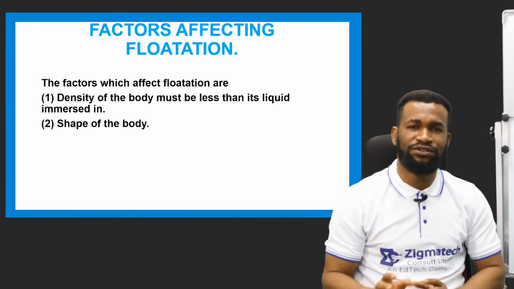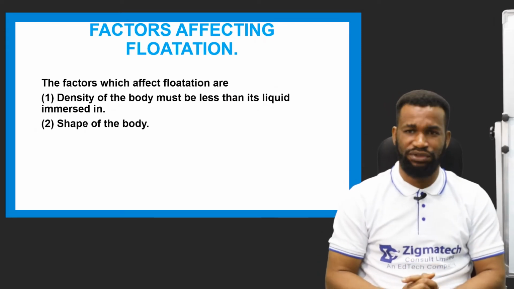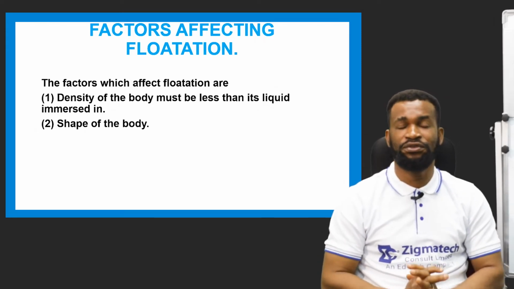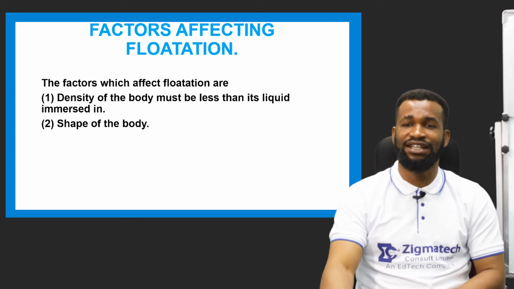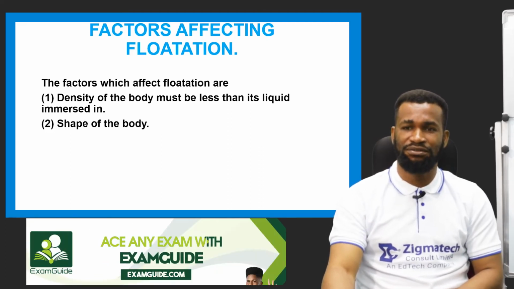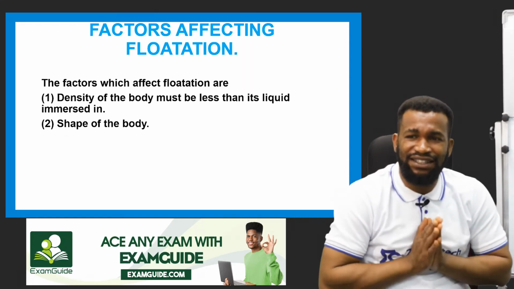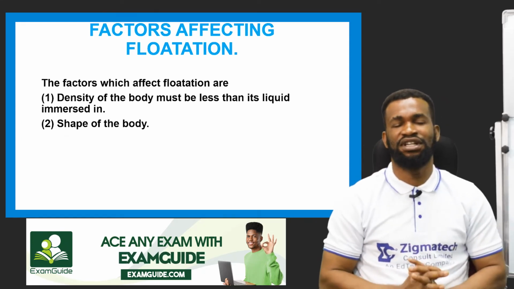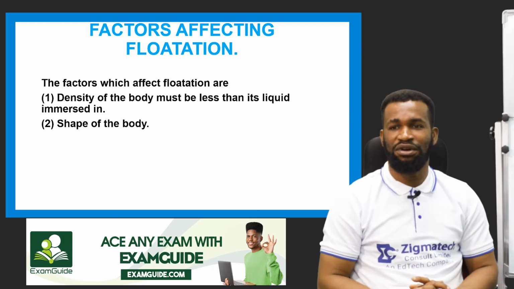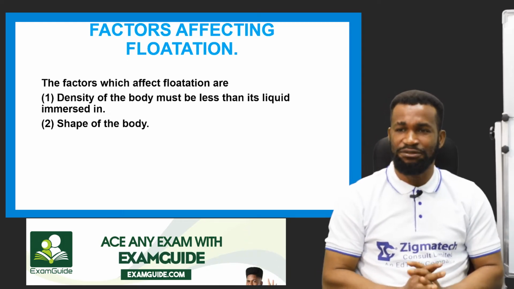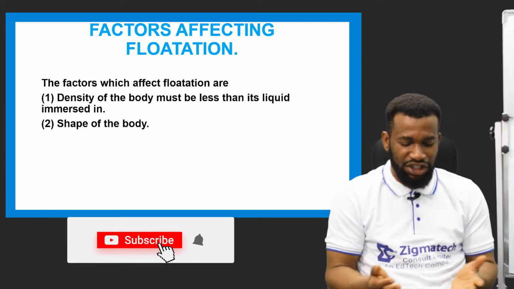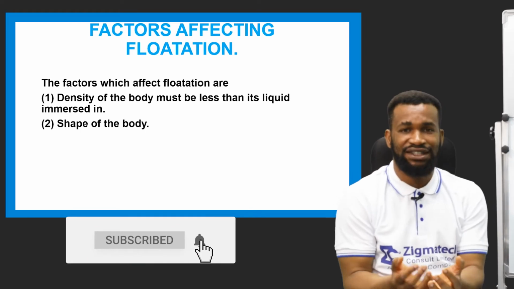Now, there are a few factors that affect flotation. Number one is the density of the liquid. It says that the density of a body must be less than that of the liquid when it is immersed. So when we're talking about it being less, that means the liquid must be denser than it.